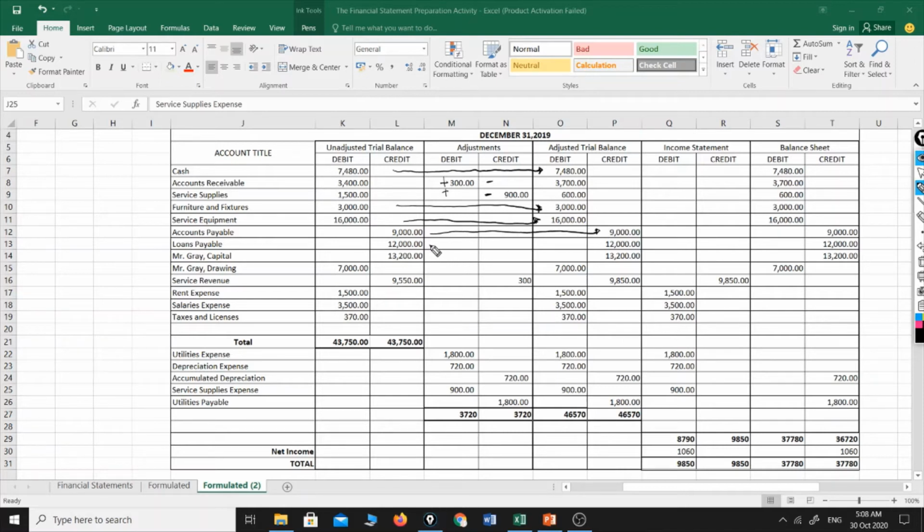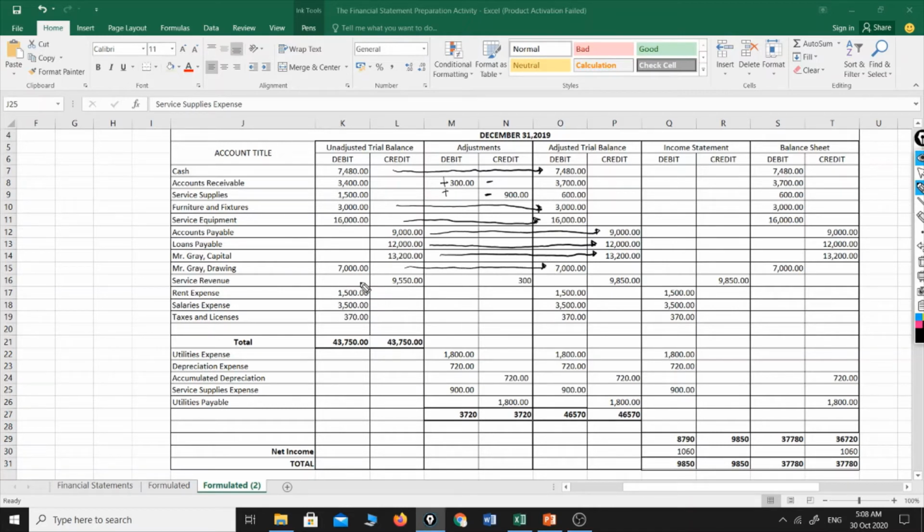Same with the loans payable and the owner's capital. Literally, we're just copying the amount if there's no related adjustment. Okay, for the drawing, it's just a debit side, so we will put this one on the debit side also.